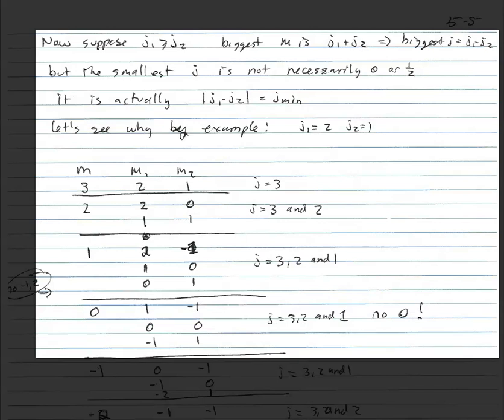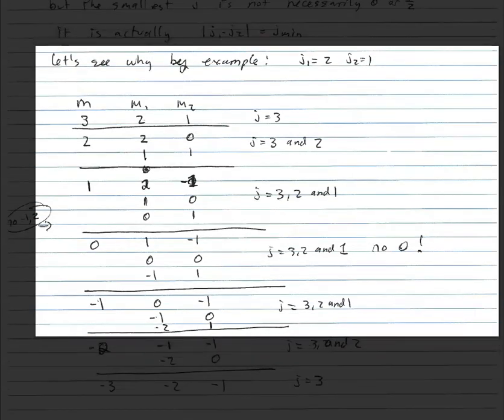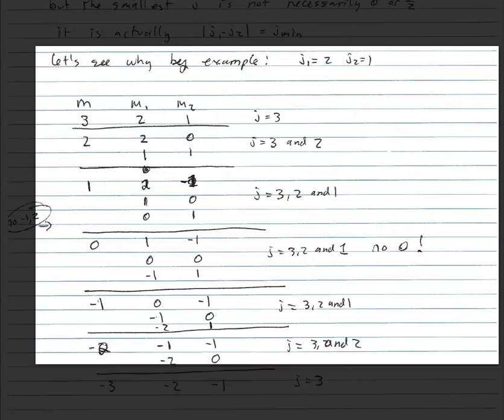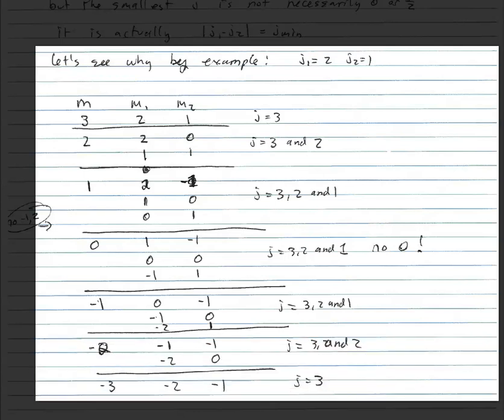The states with m equals 0, I can have 1, minus 1, 0, 0, or minus 1, 1. The states with m equals minus 1, I can have 0, minus 1, minus 1, 0, minus 2, 1. With minus 2, I have minus 1, minus 1, minus 2, 0, and with minus 3, I have minus 2, minus 1. There are no other combinations that I can have.